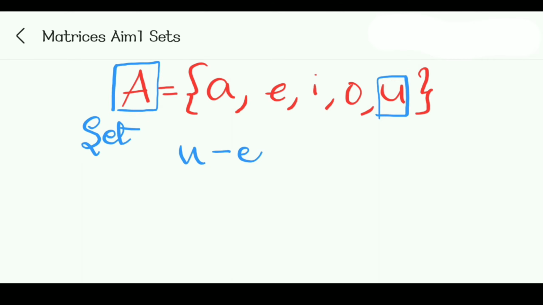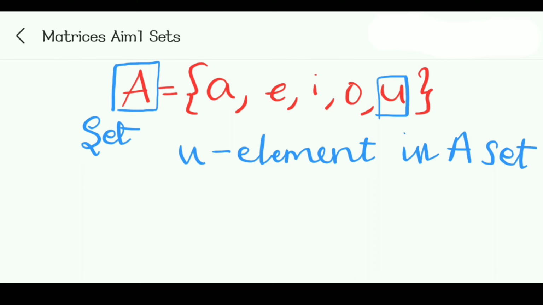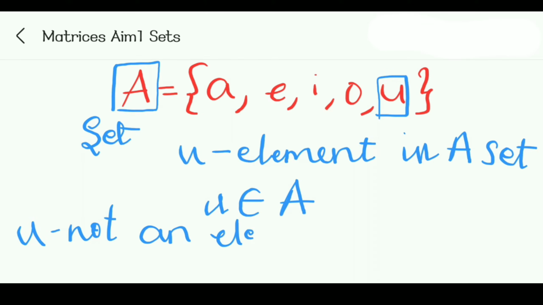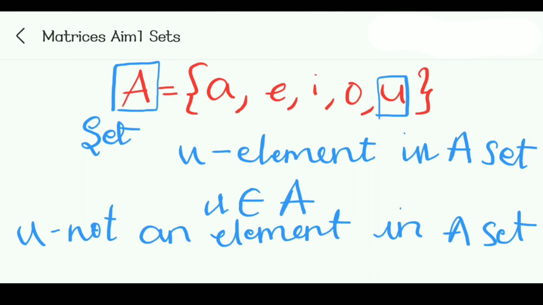We keep the belongs to symbol, which denotes that it is an element of the set A. If I want to denote that U is not an element or member of set A, I just keep the not belongs to symbol: I scratch the belongs to symbol and write the not belongs to symbol.